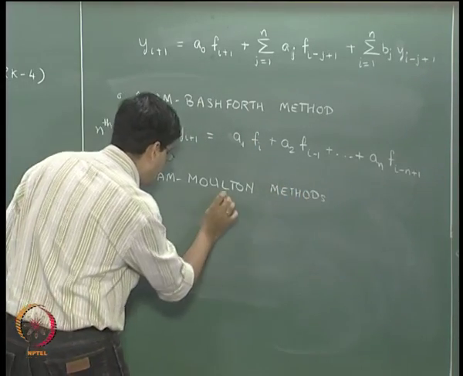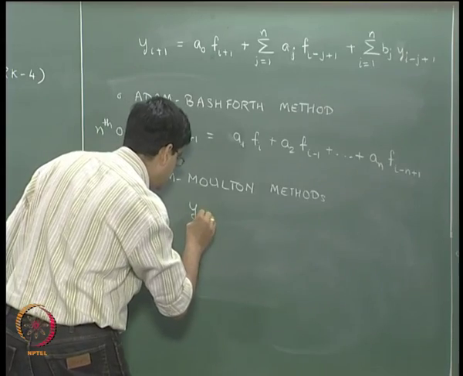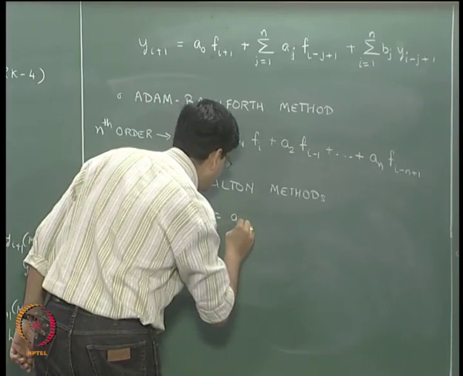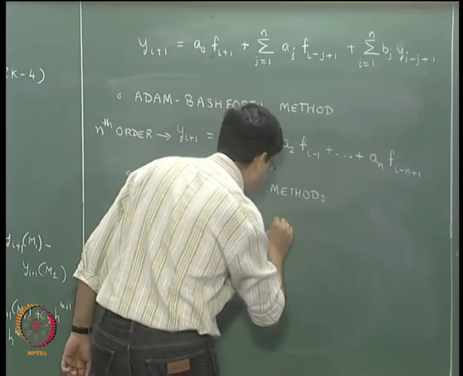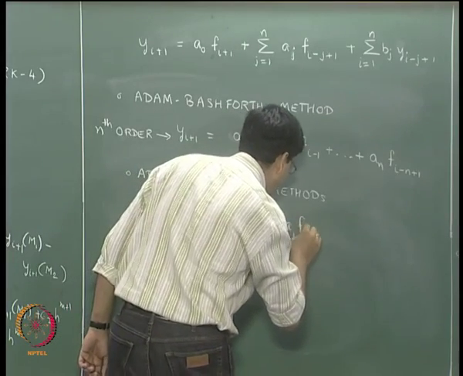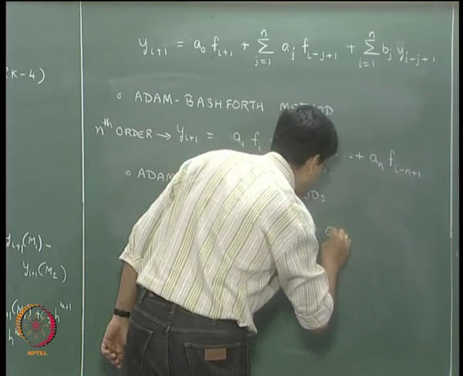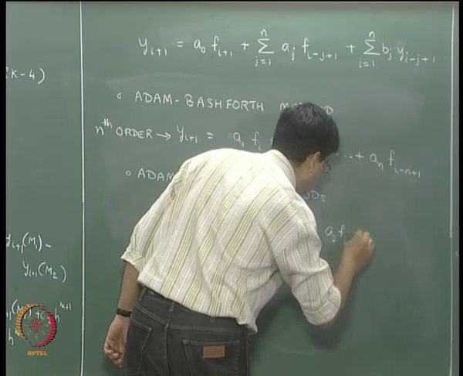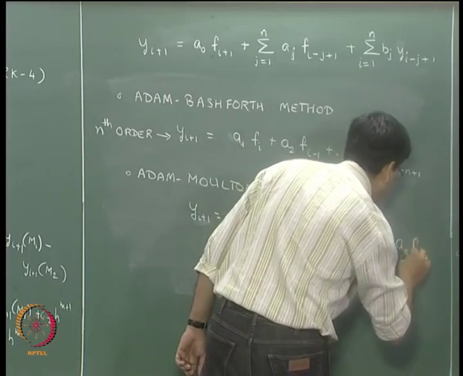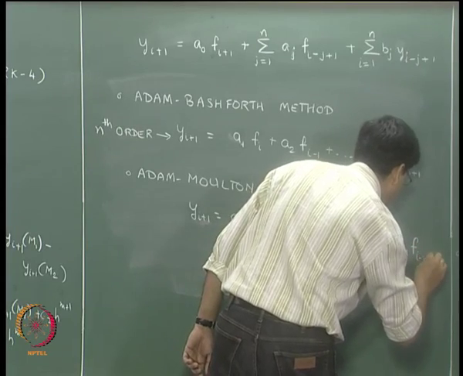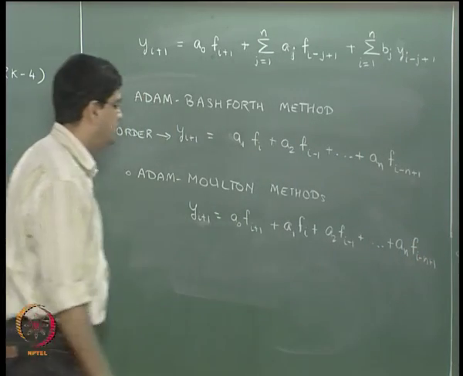And the nth order Adams-Moulton method is going to be yi plus 1 equal to a0 fi plus 1 plus a1 fi plus a2 fi minus 1 and so on up to an f i minus n plus 1.